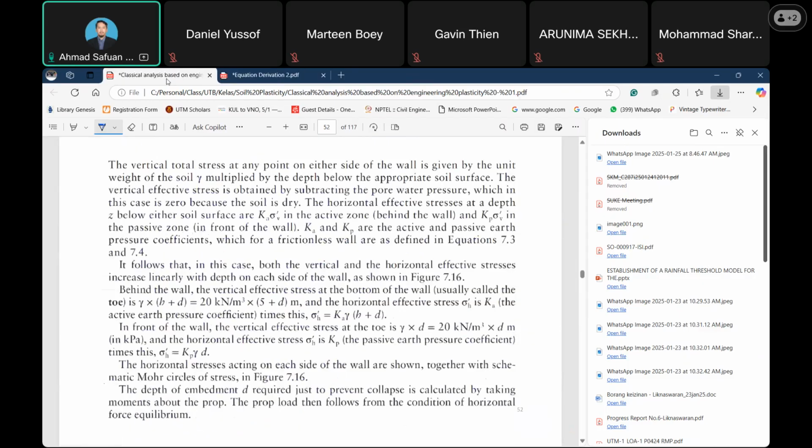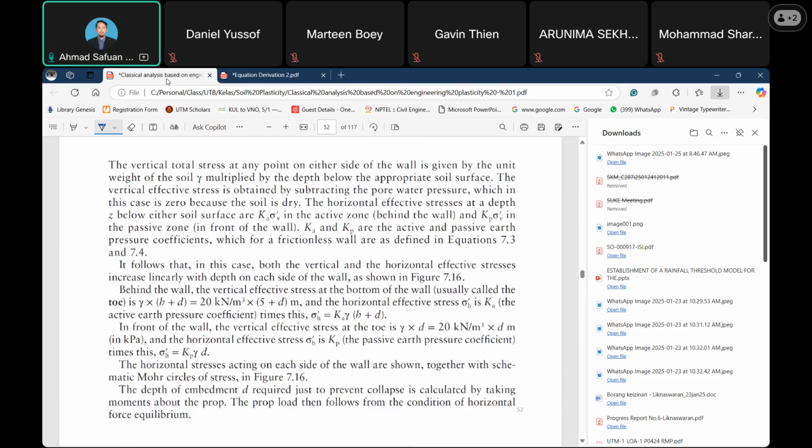The horizontal effective stress at depth Z below either soil surface is Ka times the vertical effective stress in the active zone behind the wall, and Kp times the effective stress in the passive zone in front of the wall.